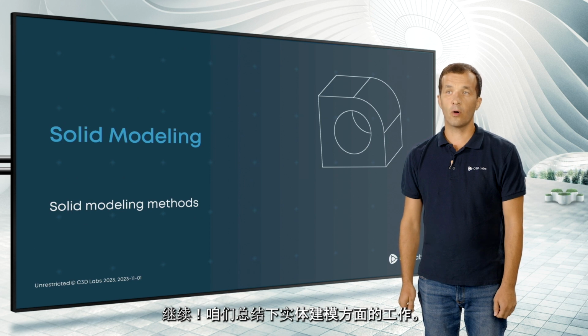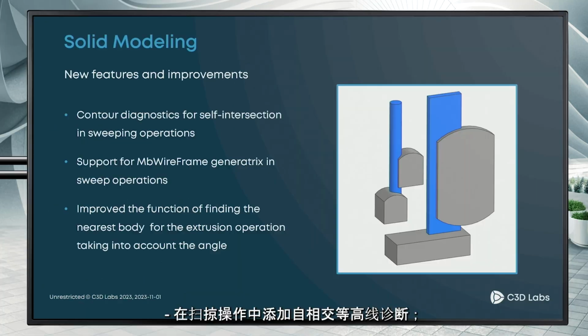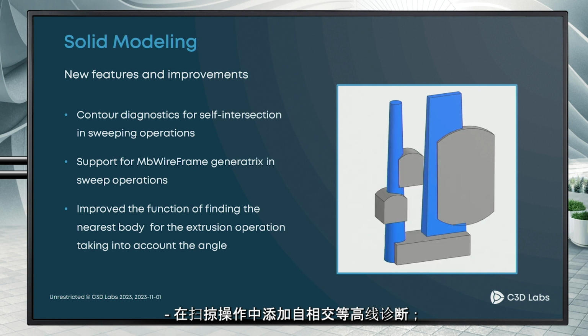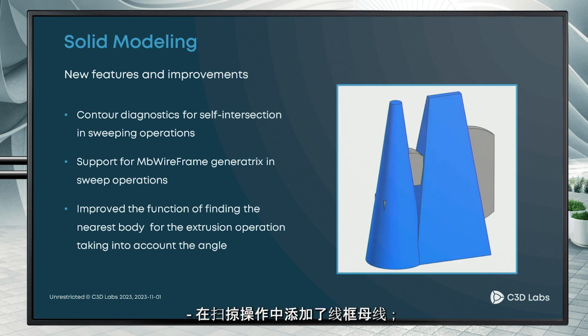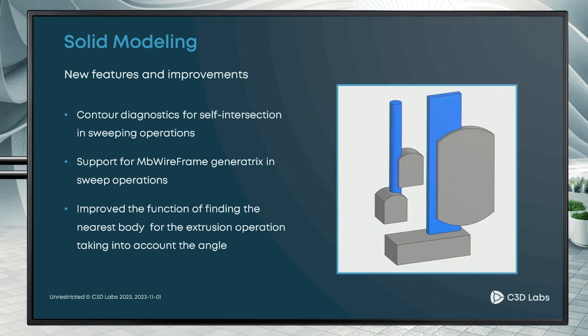Let's move on to the review of work in solid modeling. Over the past year, significant changes in solid modeling have affected the following operations: contour diagnostics for self-intersection in the sweeping operation. Also, we have added support of wireframe generatrix in the sweep operation.